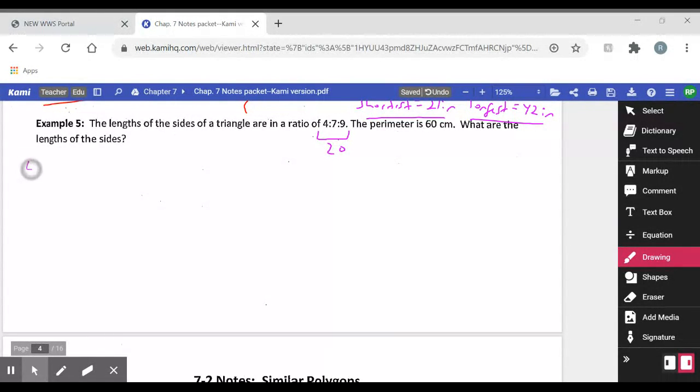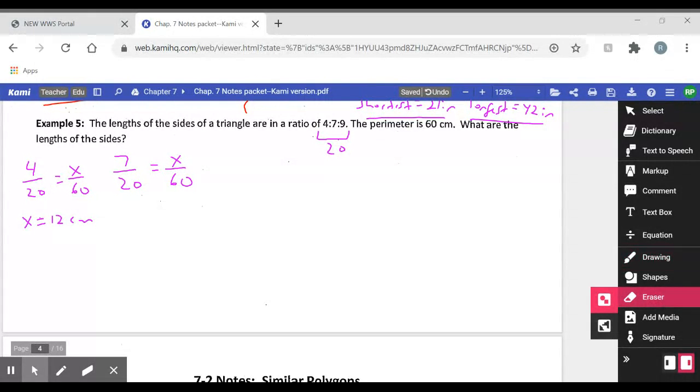So I can say 4 over the total amount 20 is equal to x over 60. And if I go and solve for that, I get x is equal to 12 centimeters. Okay, if I go 7 over 20 is equal to x over 60, I can solve, actually I'm going to use a y, I did it again. I'm going to use a y, a different number there.